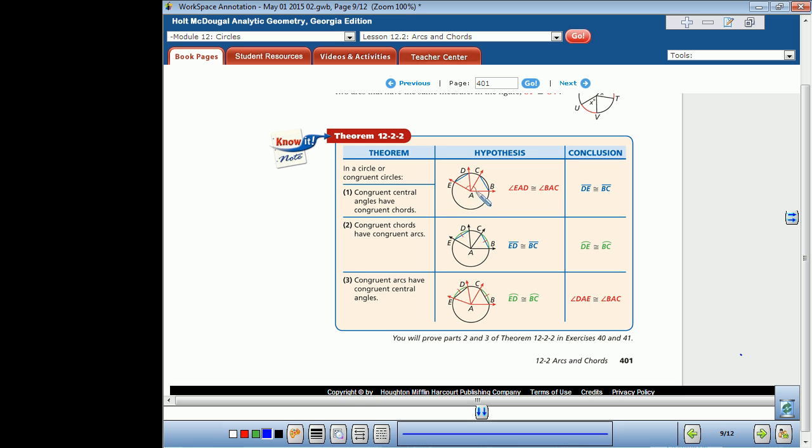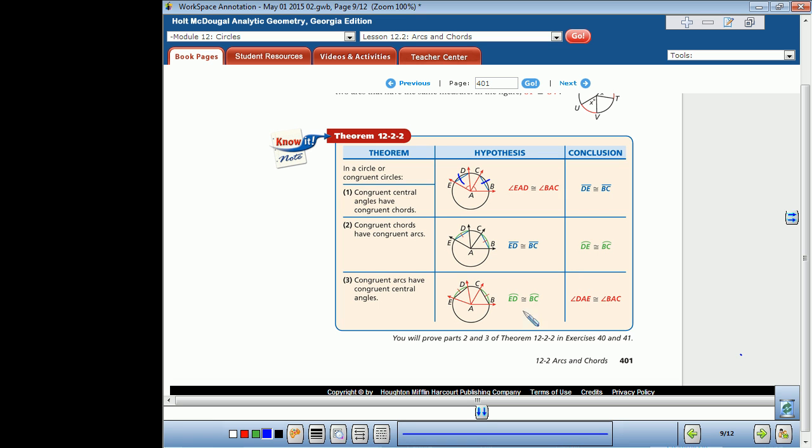Well, since they're congruent central angles, these chords are also congruent. That's what this first statement says. And if the chords are congruent, then the arcs are actually congruent.